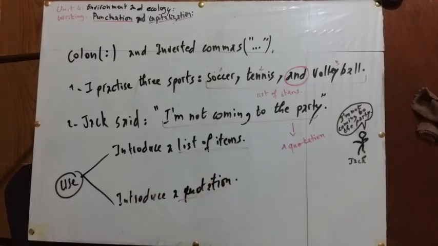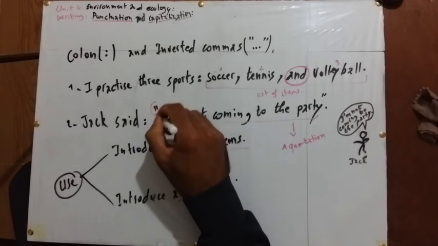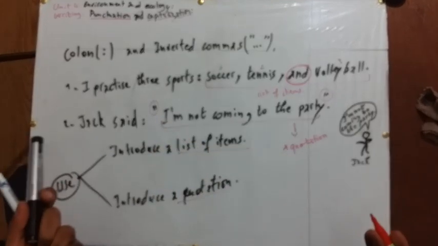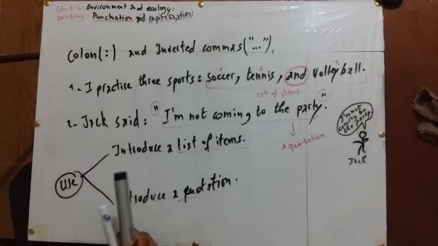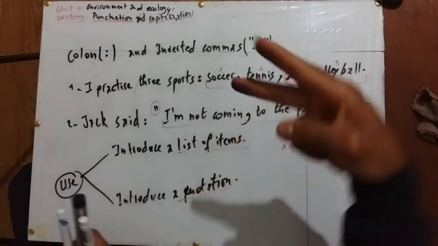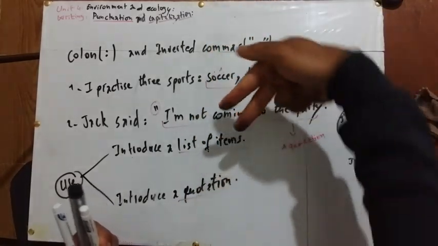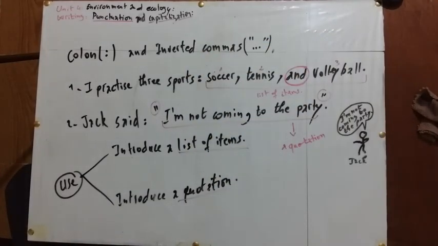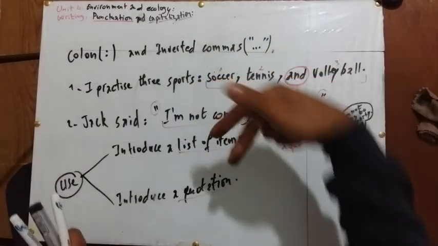Look at the quotation. What do we have here? Remember, inverted commas. What is an inverted comma? So inverted commas are two commas that are inverted. Okay, so I invert two commas, I put them upside down.